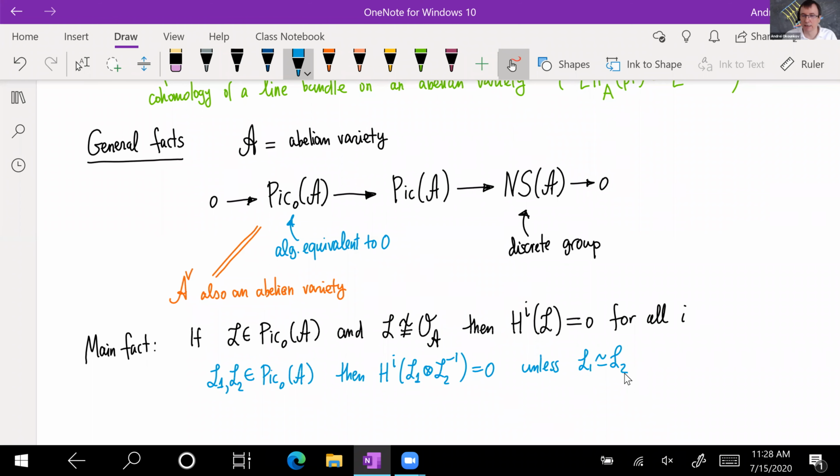So they're like characters of a group. It's like orthogonality of characters. This is what makes the Fourier transform work in analysis, and this makes the Fourier-Mukai transform work.